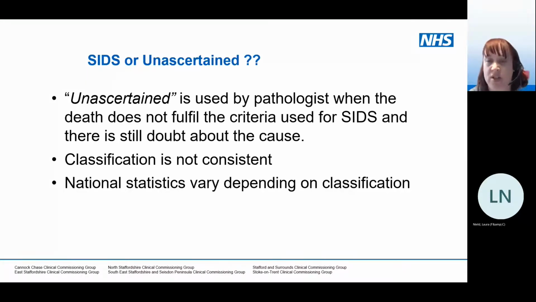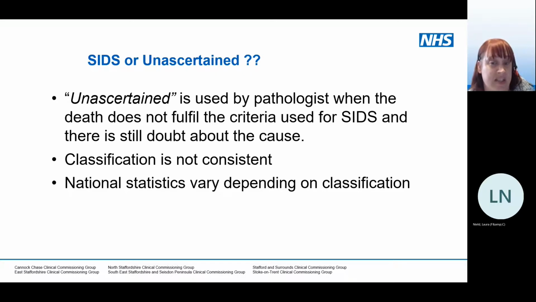At times an alternate cause of death might be given as unascertained. This might be used by the pathologist if it doesn't quite meet the criteria for SIDS, but there's still not an exact cause of death able to be identified. Some pathologists might class something as unascertained, whereas another might classify it as SIDS.